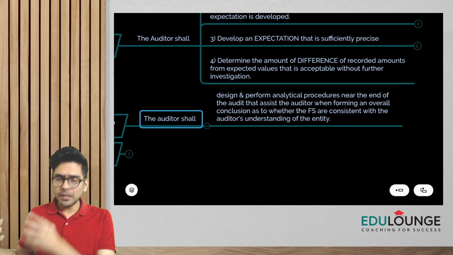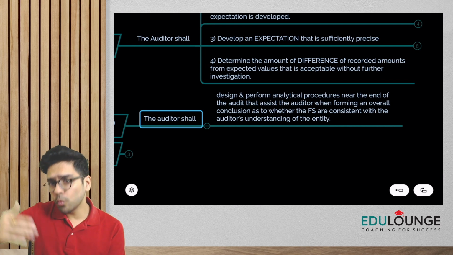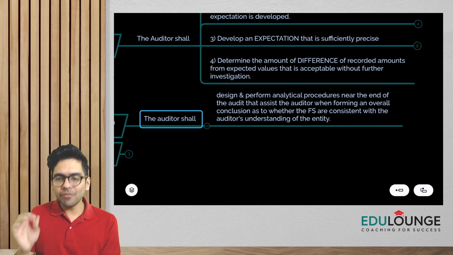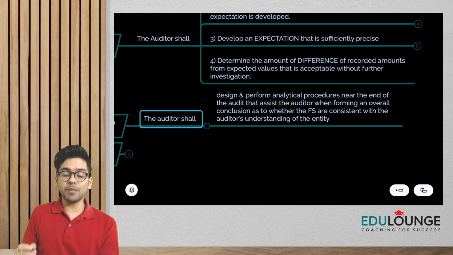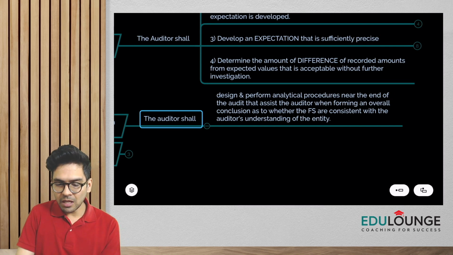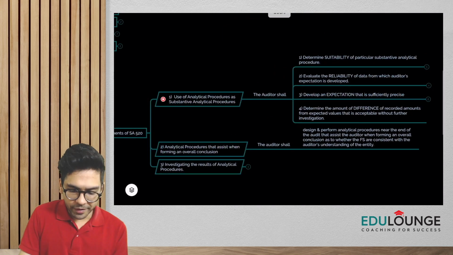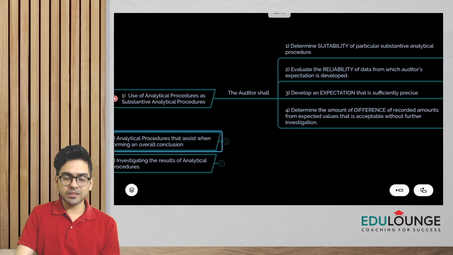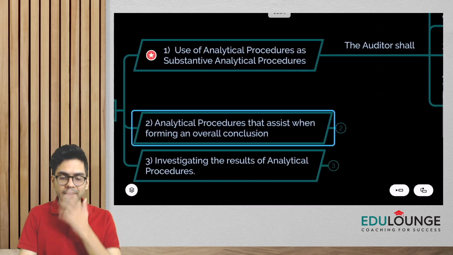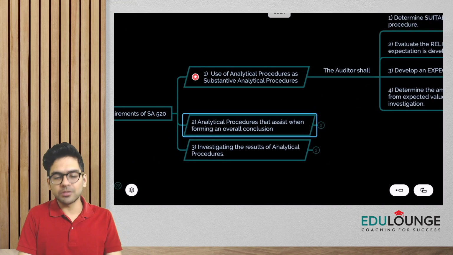So why would the auditor do analytical procedure towards the end? Just to gain an understanding whether the financial statements are consistent with the auditor's understanding of the entity. Okay, all right, now having understood these two parts, guys, this topic again, use of analytical procedure as substantive audit procedure, it is very very important.